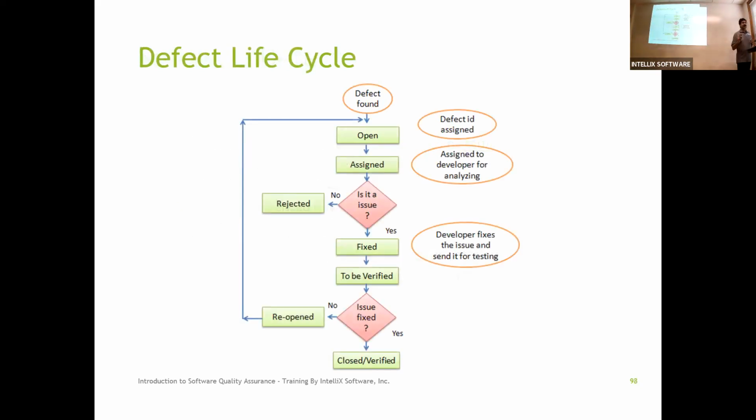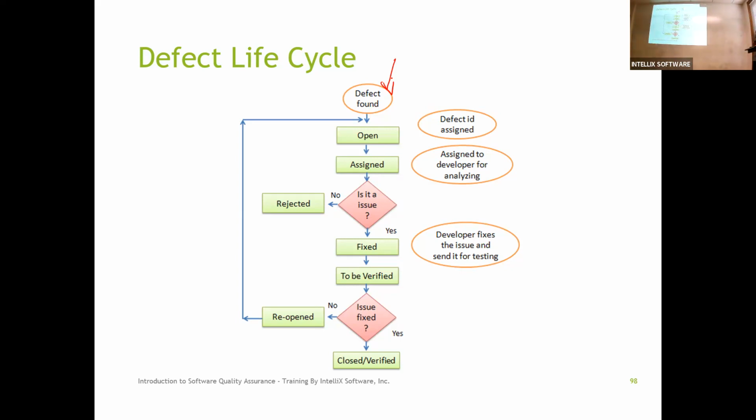So here's the process or life cycle for the defect. Whenever you're working through it as a tester, you identify something that is not giving you expected results. You raise that, hey, if I do this in this scenario, it is giving this instead of this, which is what was expected.